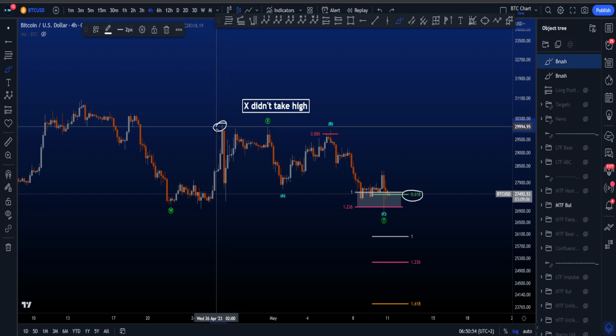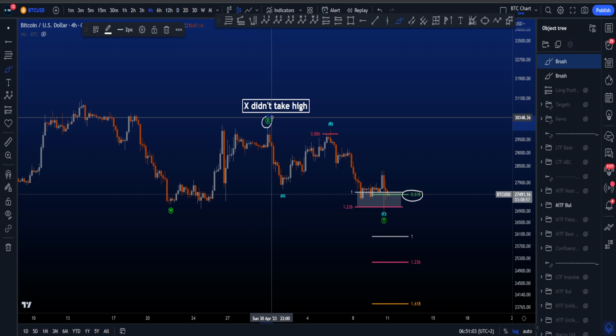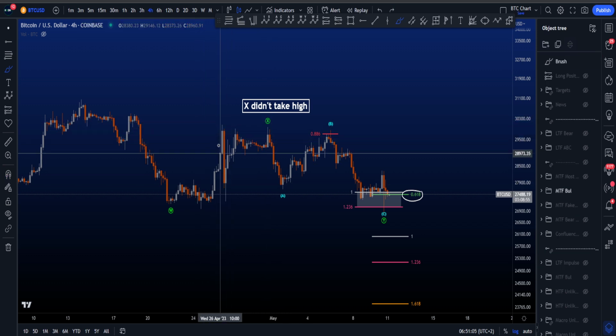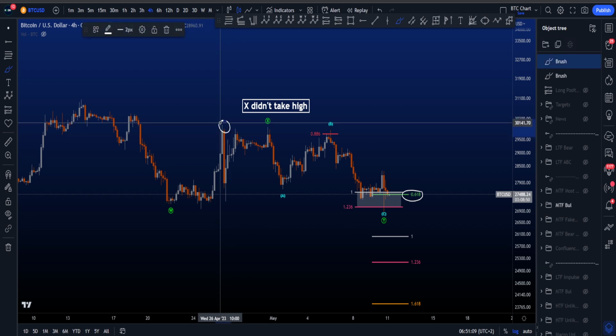And because this high is not taken, it feels very, let's say, weird to me to make this the end of a certain structure, meaning the end of a wave X. So this feels like an unfinished corrective structure because we didn't take the high over here.